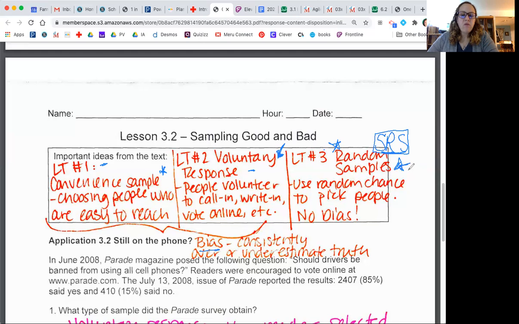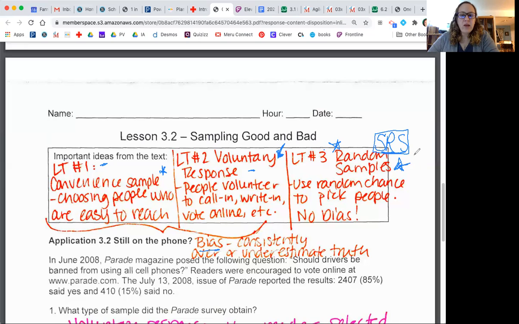Part of why we talk about this is because most of the time it's not convenient to sample or to collect data from an entire population. It's hard to get data from every teenager in the United States, or even getting data from every student at PV, which has about 14 to 1500 students. It's super hard to get data from every single one.